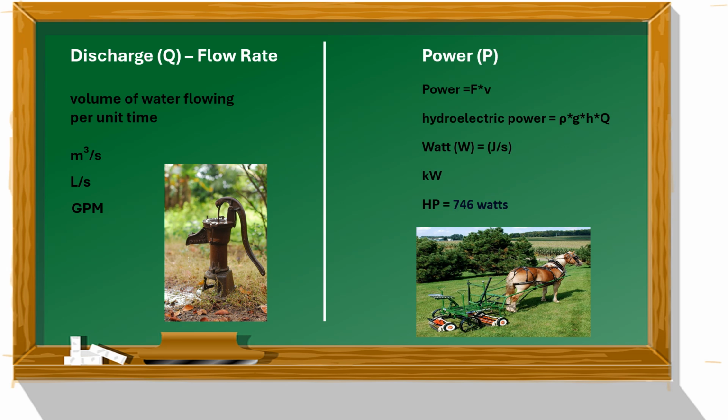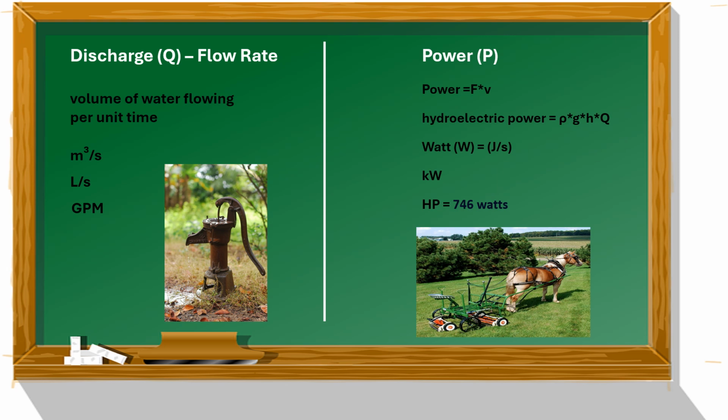Alright, we're down to our final topic for today: power. But what exactly is power? Power is simply force multiplied by speed. But also, in hydraulics, power is measured as pressure multiplied by discharge, used in machines, pumps, and industrial systems. And how do we measure power?